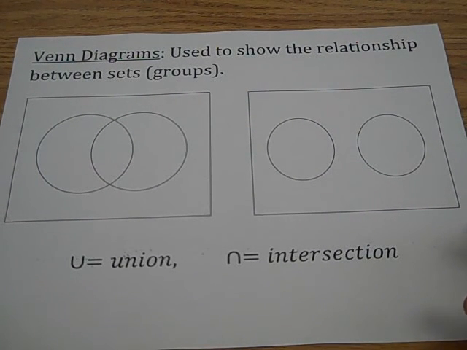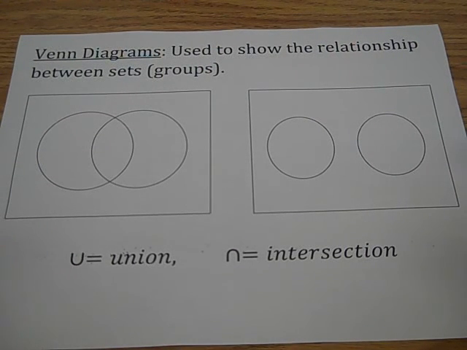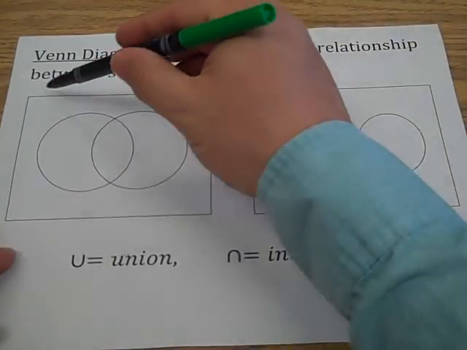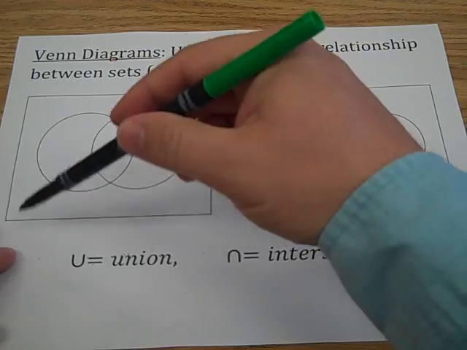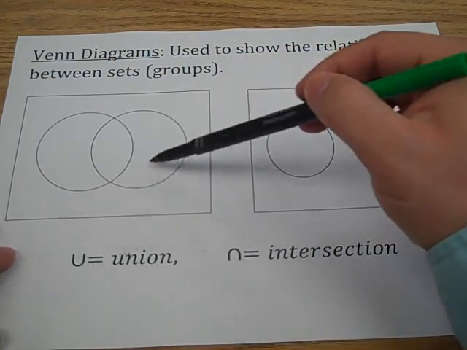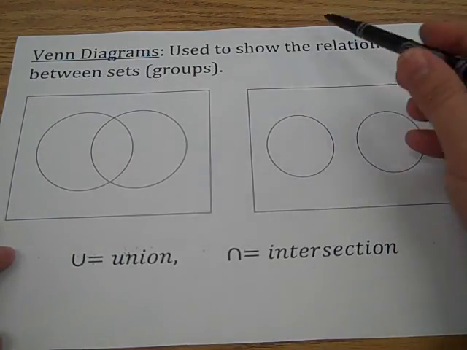So let's talk a little bit more about Venn diagrams. We can use these to show relationships between groups of numbers, groups of information, groups of people, and the way they're set up is we have a box that contains everybody, and then the circles represent the groups.